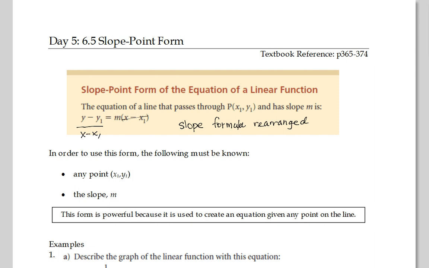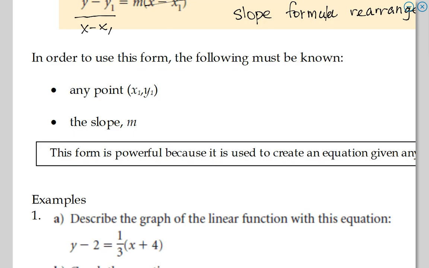Okay, so in order to use this form, the following must be known: any point and the slope. You write down the formula. x1 will go right here, and y1 will go right here.